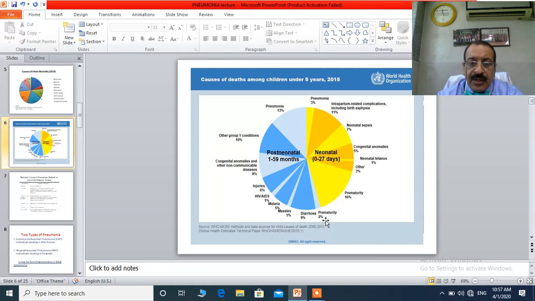And then there are a large number of deaths that result from diarrhea, leading to severe dehydration and multiple problems, and these deaths are mainly during the summer season.